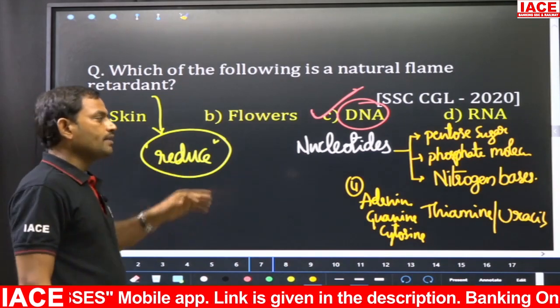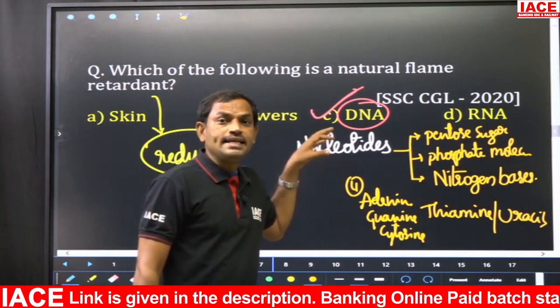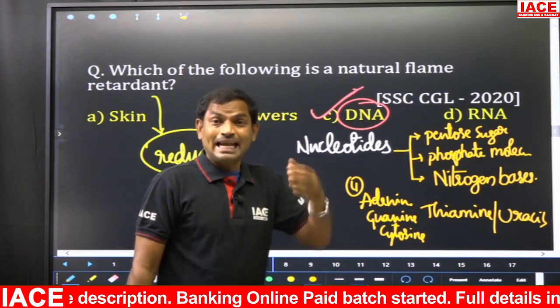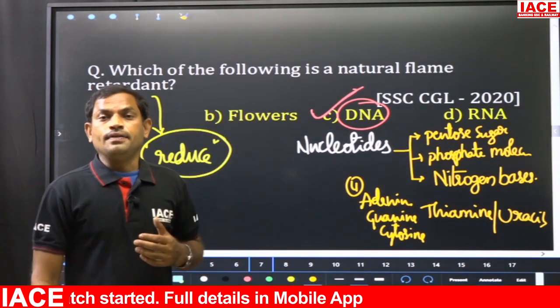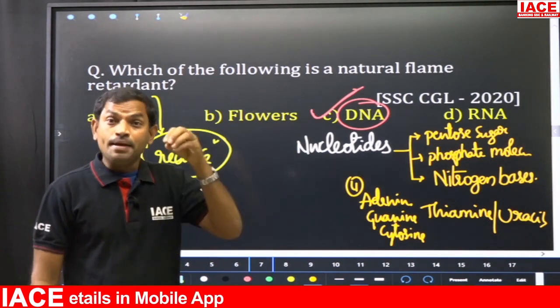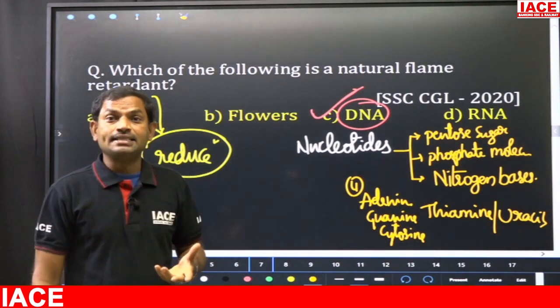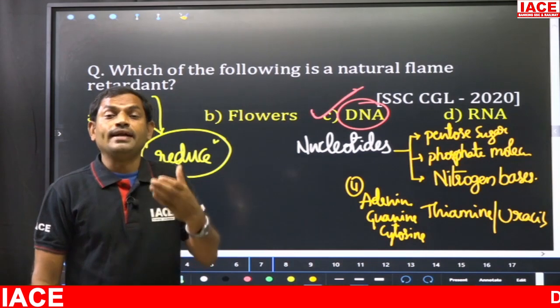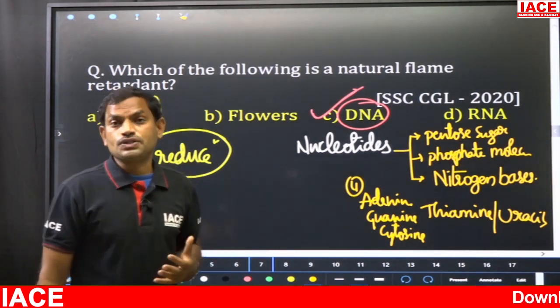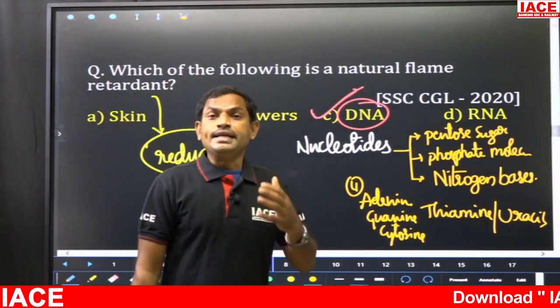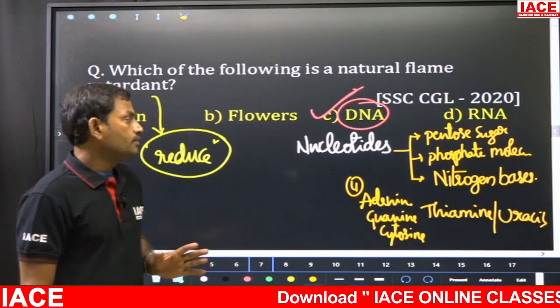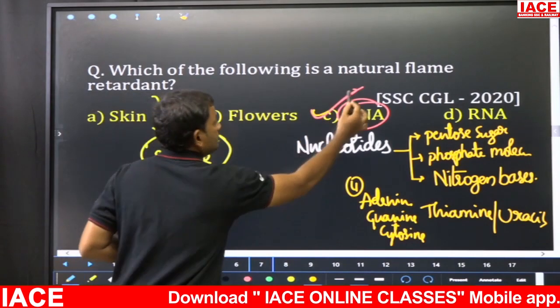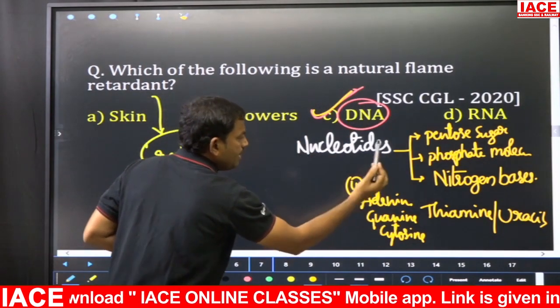Especially the nitrogenous bases present in the DNA can reduce the firing process by producing different gases that cannot support burning, so that it can act as a natural fire retardant. Clear? So here the answer is option C.